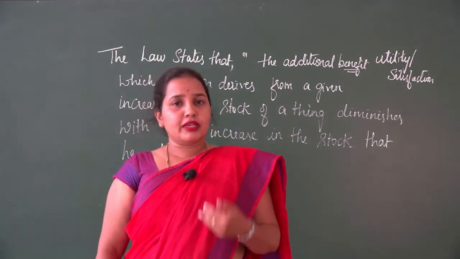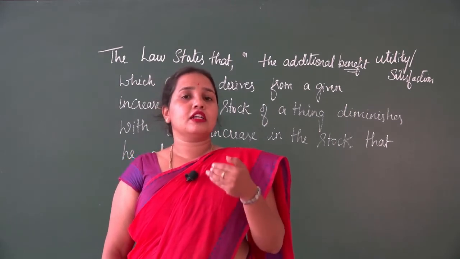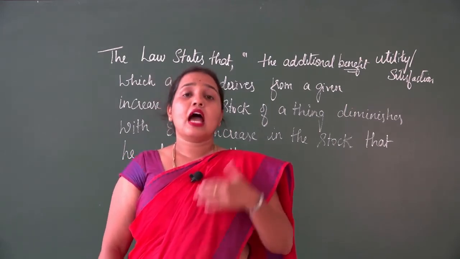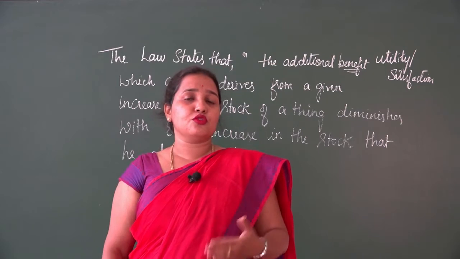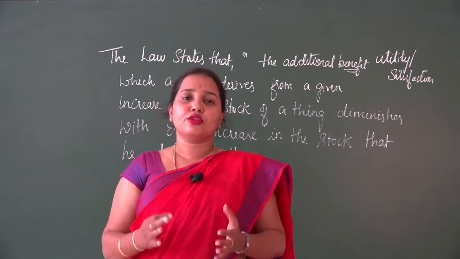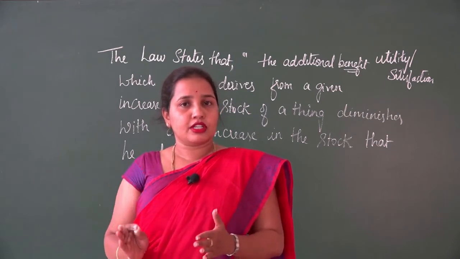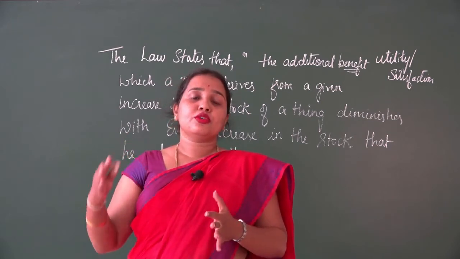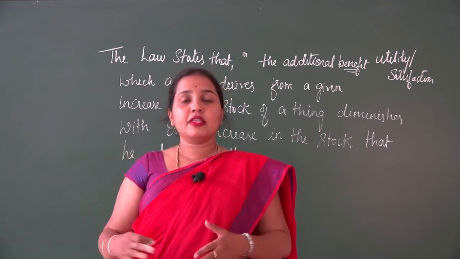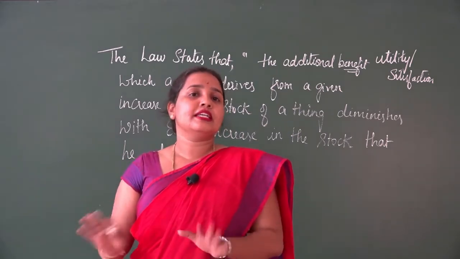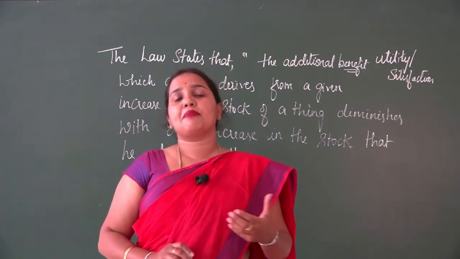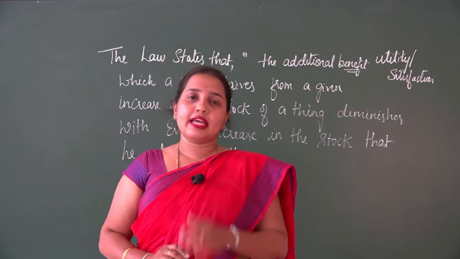The actual meaning of this law is that as a consumer consumes more and more units of a specific commodity, the additional utility derived from each unit diminishes. This can be explained with the help of an example.